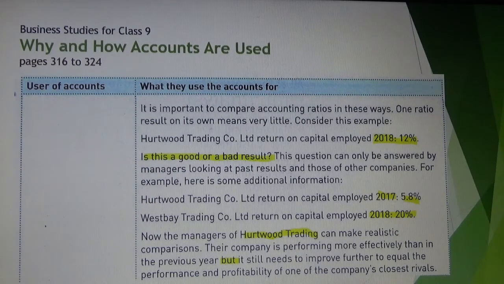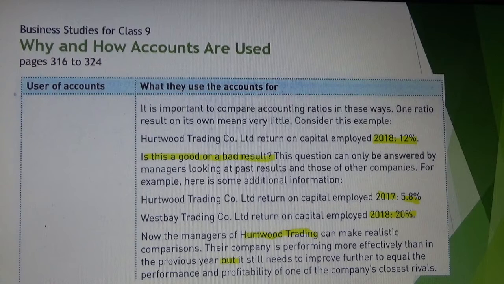So it's very clear. Okay, why do we compare with the past years? To check whether the company is doing well. And the managers may also use the ratios to check their performance against the performance of another company.